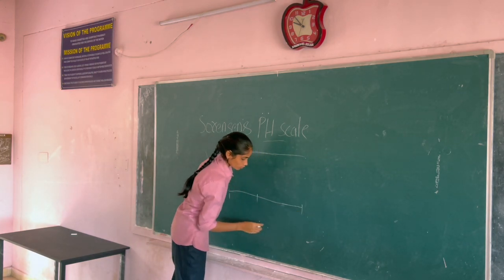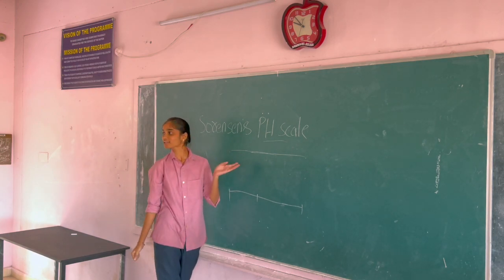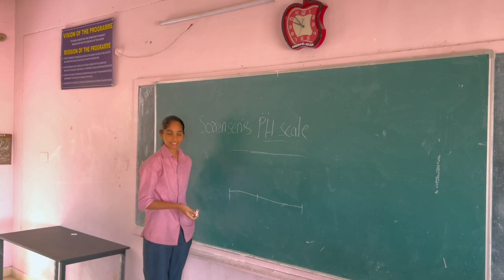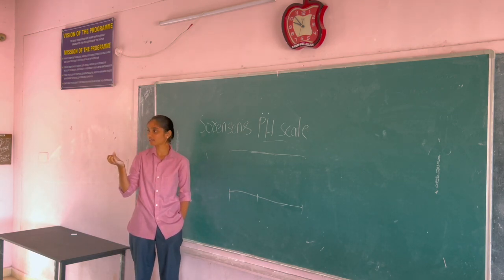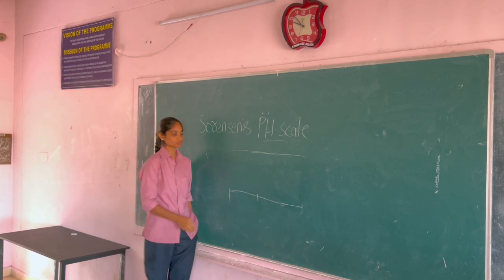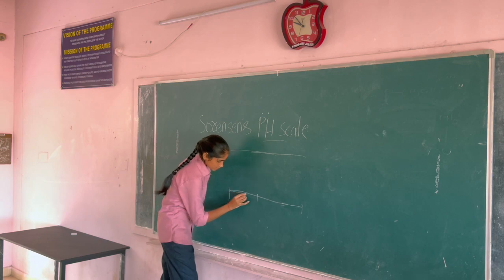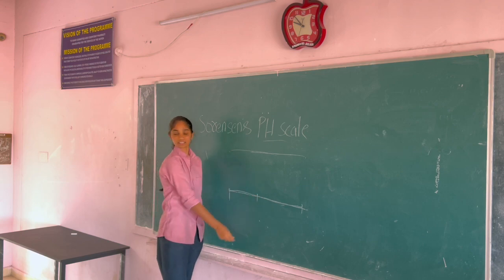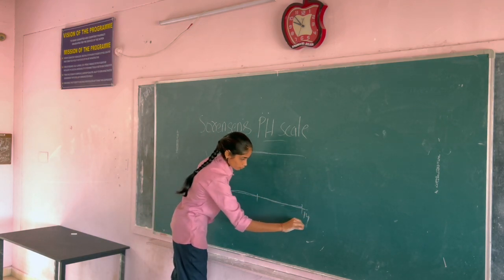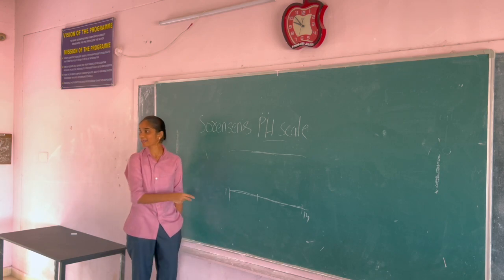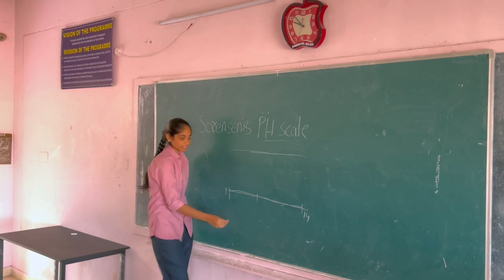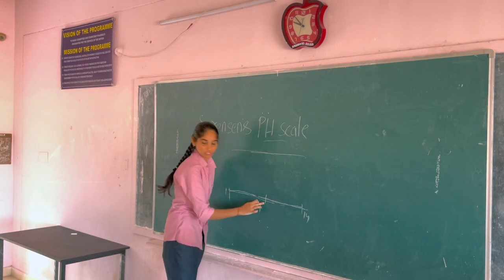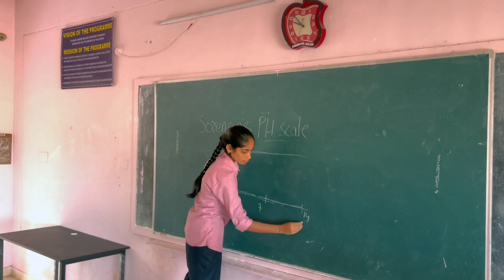By using the Sorensen pH scale you can identify the acidic, basic and neutral nature of compounds. Just imagine this is the Sorensen scale. There are numbers from 1 to 14. 1 indicates highly or strongly acidic, 7 represents the neutral nature of compounds, and 14 means highly basic.